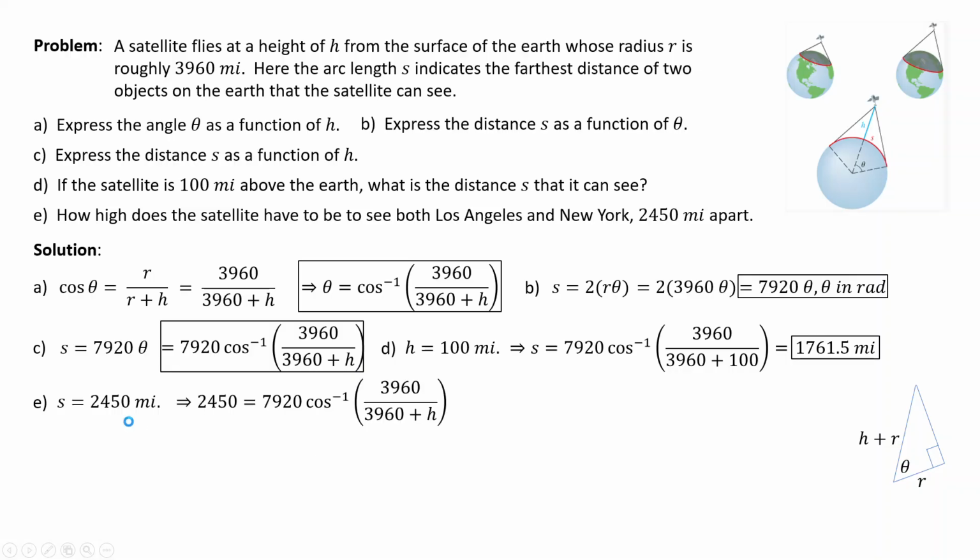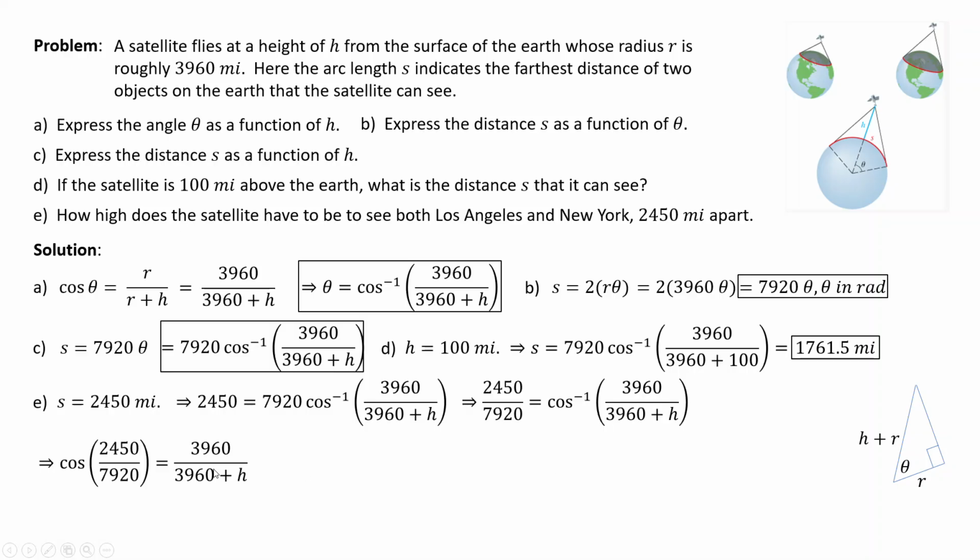So we solve 2450 equals 7920 cosine inverse of the unknown value h here. So it's just a matter of arithmetic, right? Or algebra. Divide both sides by 7920. You get cosine inverse of this. Now that means cosine of this quantity must be 3960 over 3960 plus h.